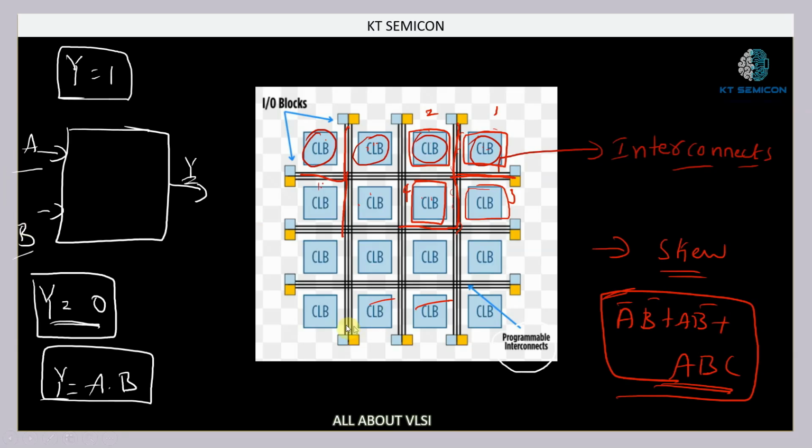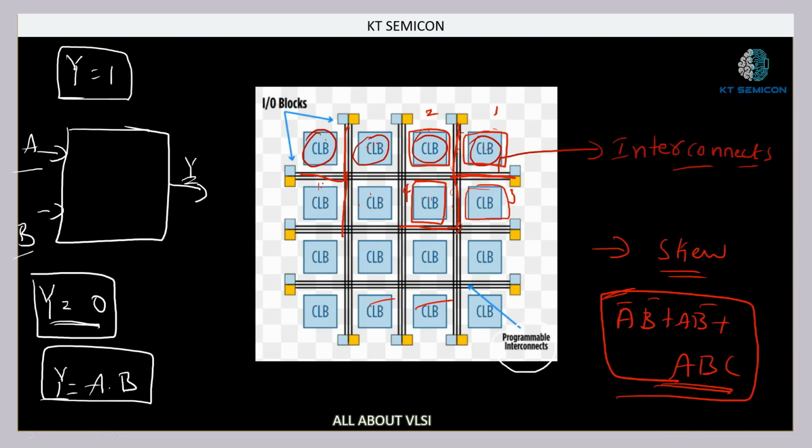So we have multiple CLBs, and if we want to implement a particular Boolean function, the tool is going to divide all our logic into multiple CLBs, and it is going to achieve this parallel processing. All the CLBs will be working in parallel. For implementing a complex Boolean function, your CLBs will divide that work and run in parallel.